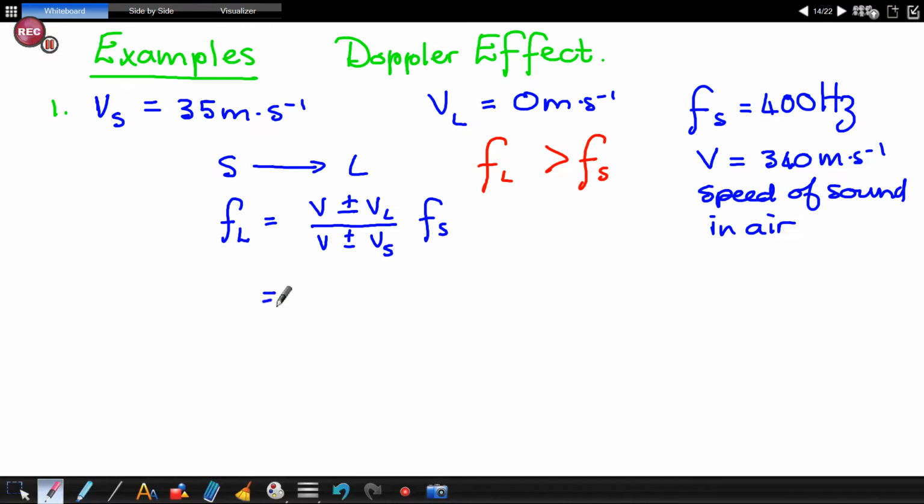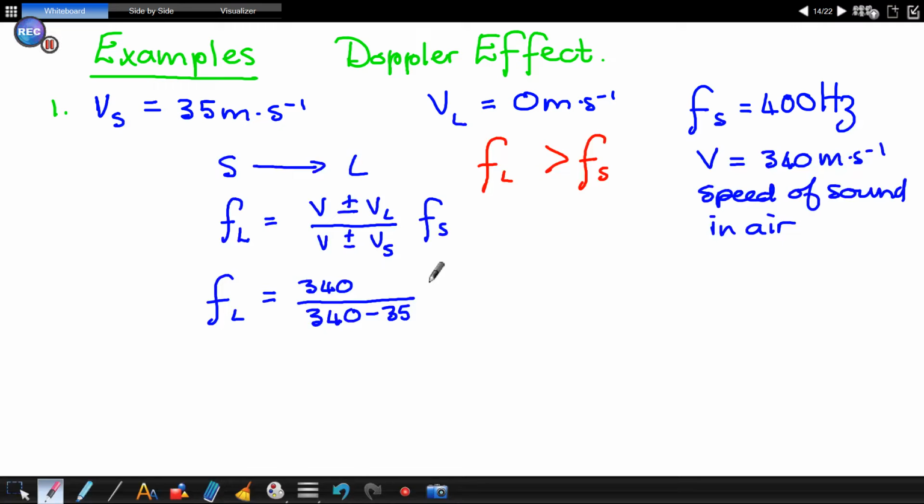Okay, so we've got 340 plus 0. Can I leave that plus 0 out there? And at the bottom, 340 minus 35.